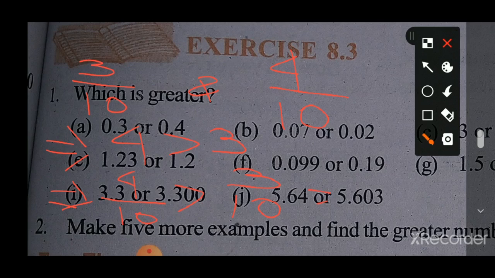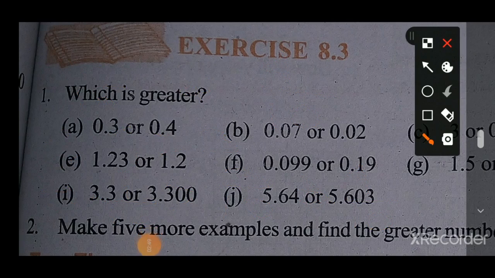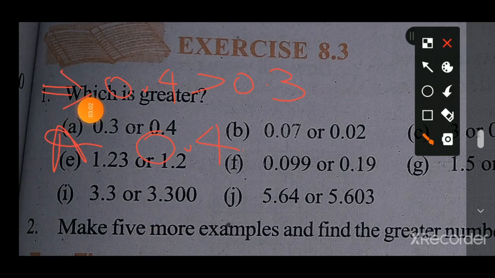It shows actually 4 by 10 is the greater number. It shows that 0.4 is greater than 0.3. So our answer is 0.4, because the question is demanding which is greater. So the 0.4 is greater.